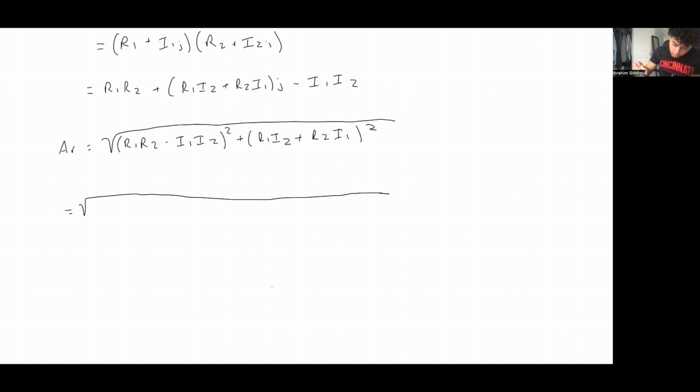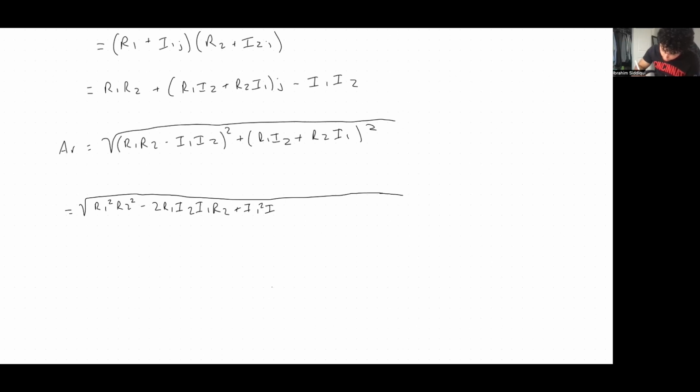What it's going to look like expanded out is R1 squared R2 squared minus 2 R1 R2 I1 I2, added to I1 squared I2 squared.